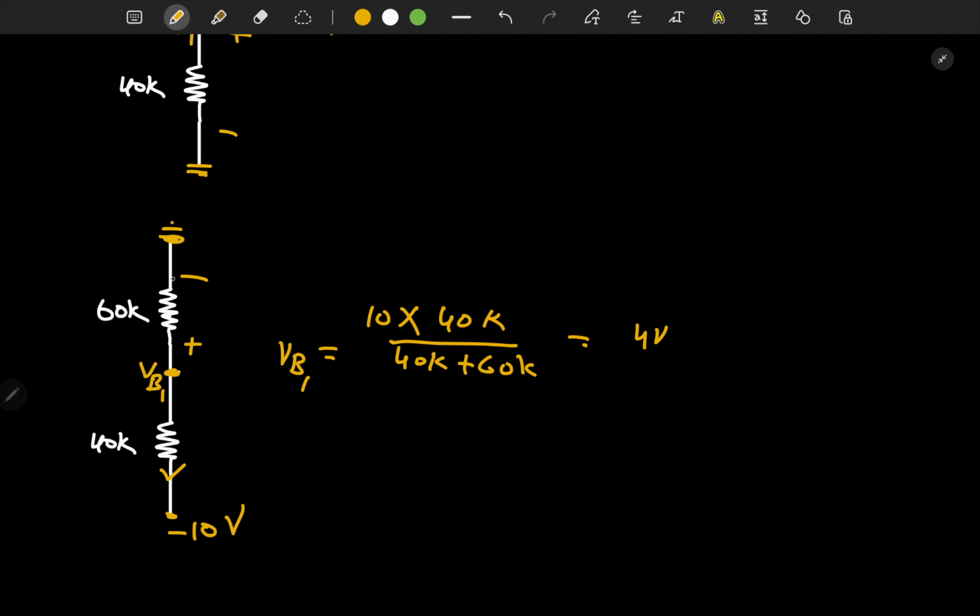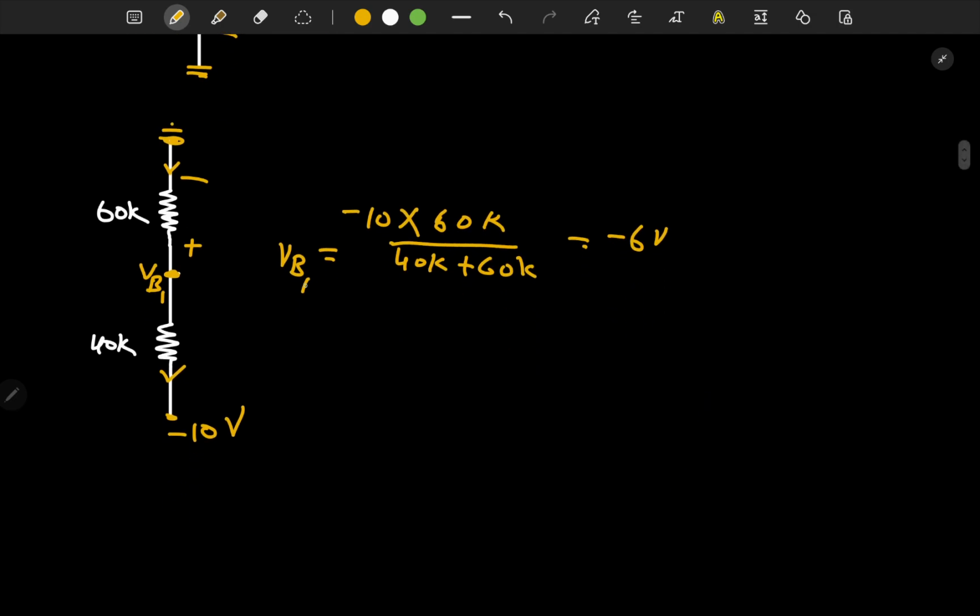But the current is in reverse direction toward the negative terminal, so it will be minus 6 volts. Let us call it VB2. Therefore VB will be VB1 plus VB2, 4 minus 6, which is minus 2 volt.